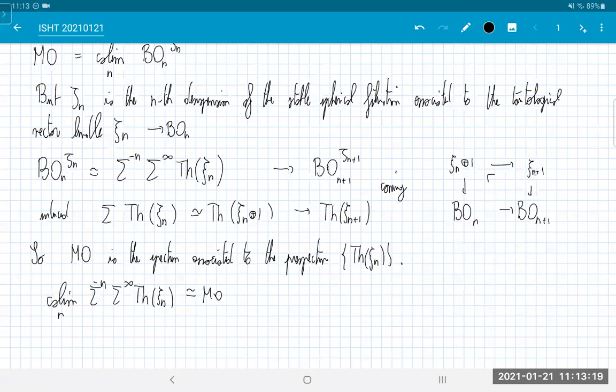Ando, Blumberg, Gepner, Hopkins, Rezk, I think. I don't remember the list of the authors, but it's very convenient. It allows you to work with it much more neatly. As you will see, our proof of the Thom isomorphism is going to be much, much simpler. But I wanted to show you the connection with the classical definition.